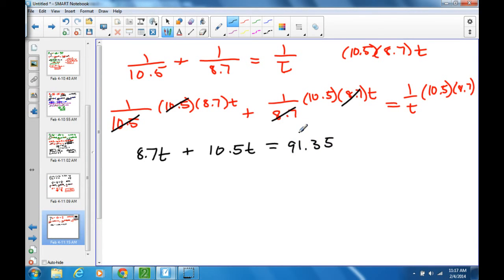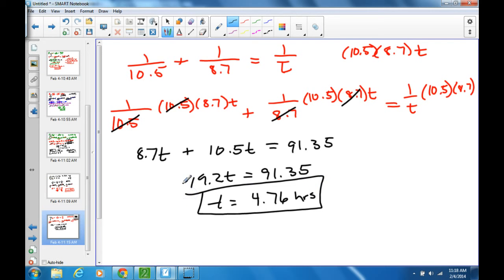So if I add these together, 10.5 plus 8.7, 19.2t equals 91.35. Then divide. So t equals 4.76 hours, and that's how long it would take them to work together.